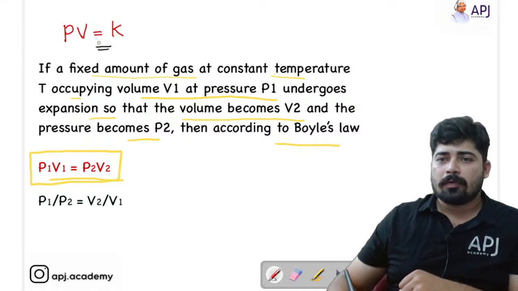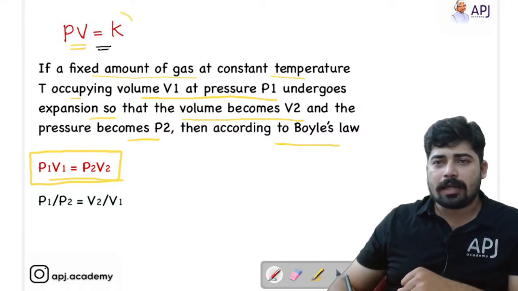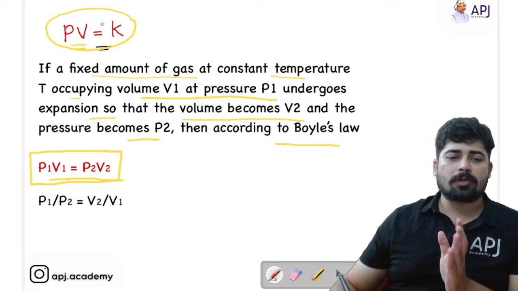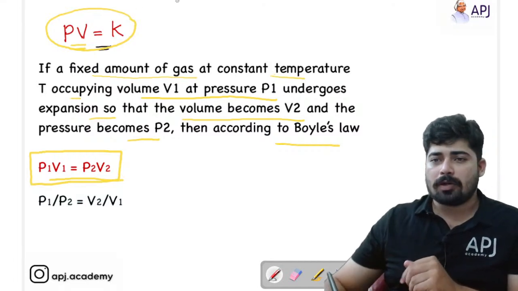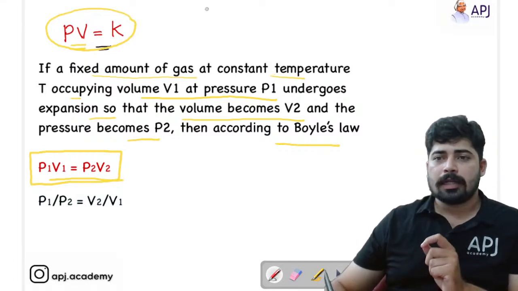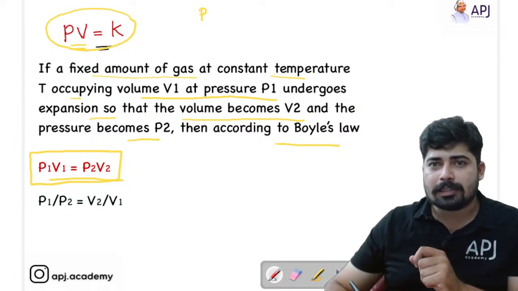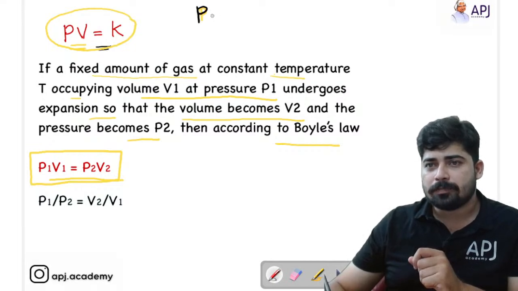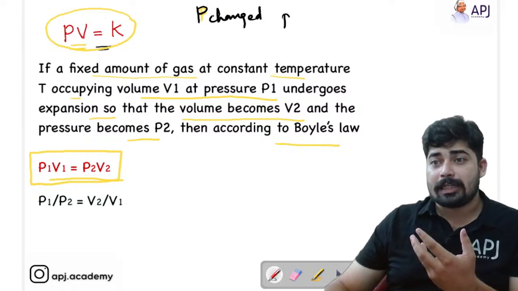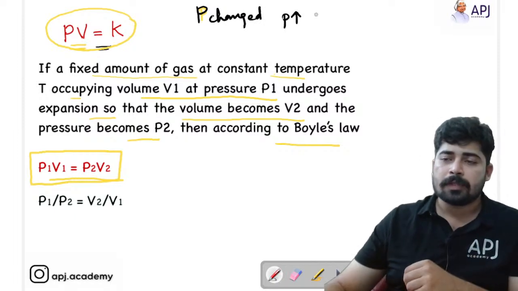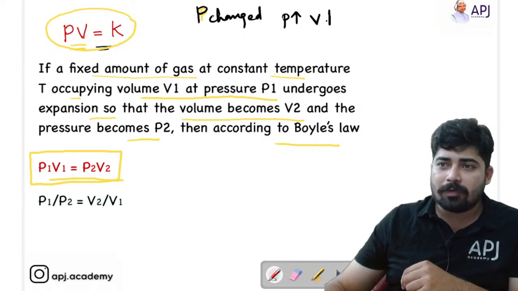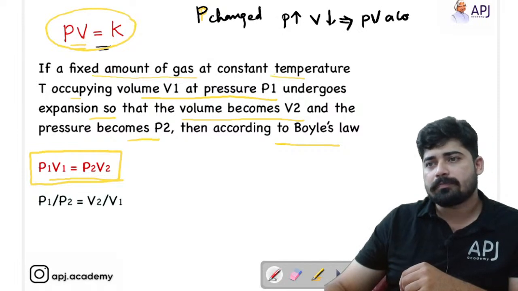Dear students, we have said that PV at constant temperature is equal to a constant. It means that if the pressure is changed, say increased, then correspondingly the volume will decrease in order to keep the value of PV a constant.